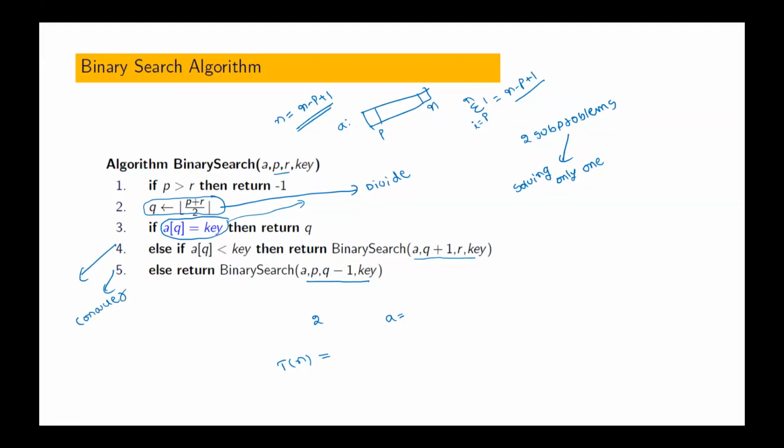Whatever is the solution to the sub-problem, the same thing is the solution to the original problem. Whatever answer we get for the sub-problem, the same is the answer for the original problem also. That means there is no explicit combining of sub-problem solutions. That's why the combine step is 0, no work, no combine step at all.